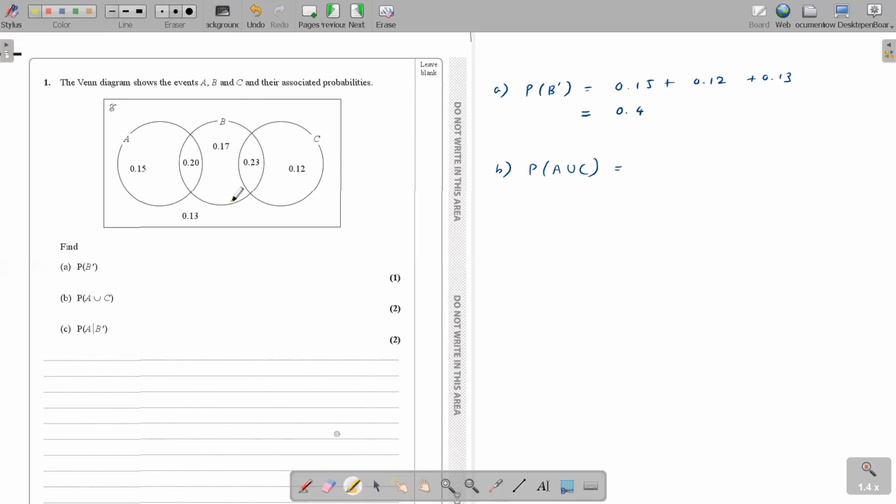A union C means you simply add all the probabilities of circle A and all the probabilities inside circle C. Either use the addition rule or just use your common sense. So how much is it? 0.15, 0.20, 0.23, 0.12. Do you agree? How much is it? 0.7.